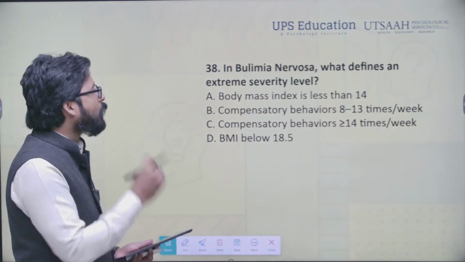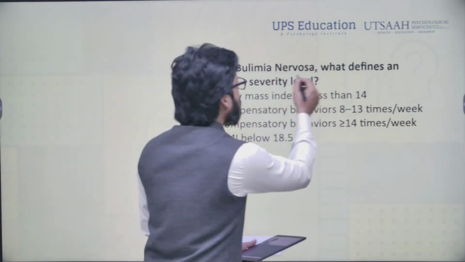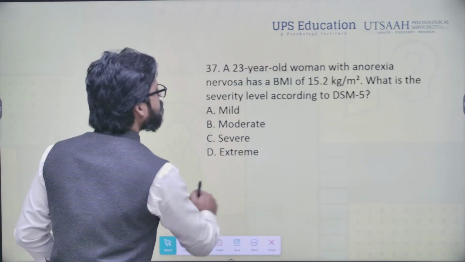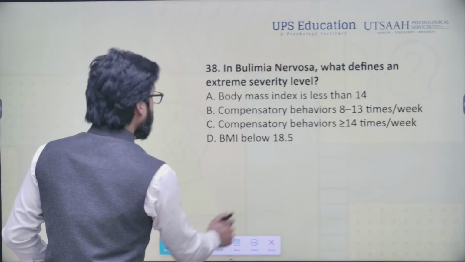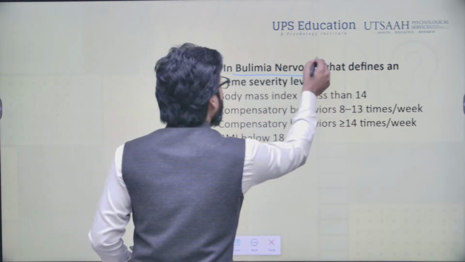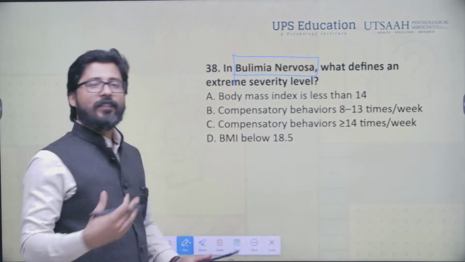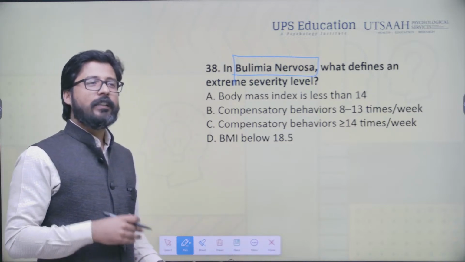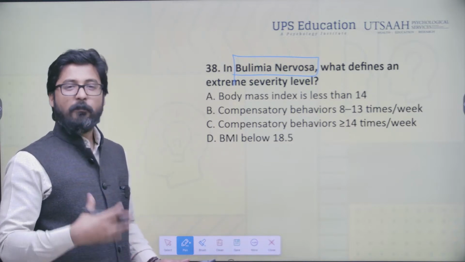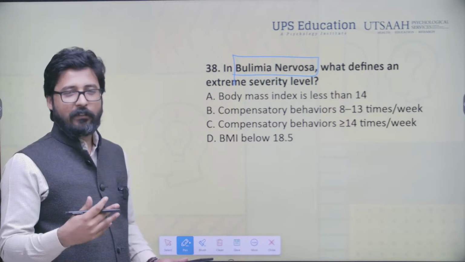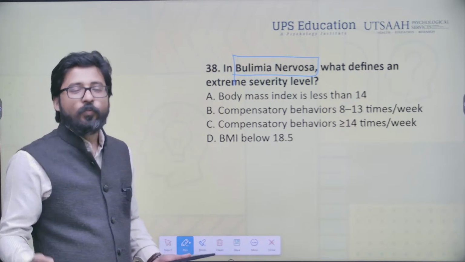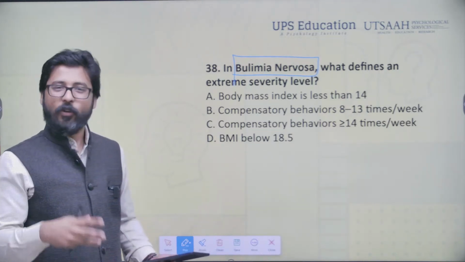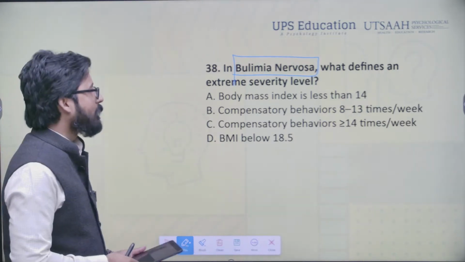Bulimia nervosa is also a kind of eating disorder. When an individual doesn't have control over eating, and after eating they perform compensatory behavior like putting a finger in the mouth to vomit, heavy exercise, all these things.